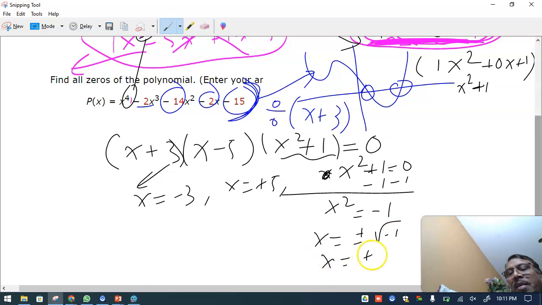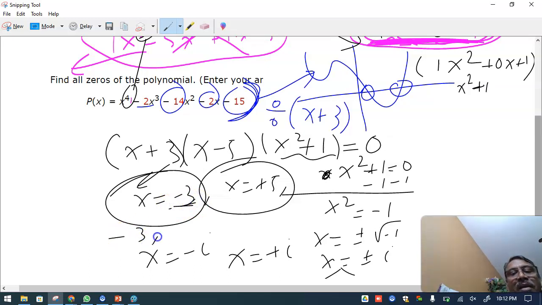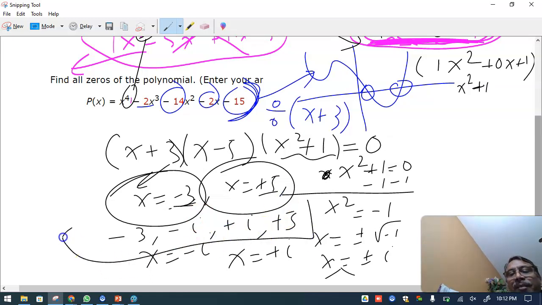So you get x equals plus or minus i. So the zeros are those two, and the other two are x equals minus i and x equals plus i, and you're done. So your answer should be written as minus 3, minus i, plus i, with a comma, and plus 5, and you're done.